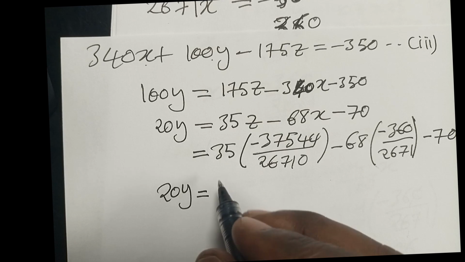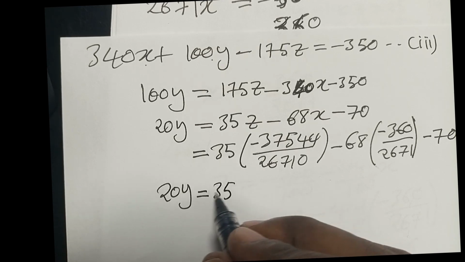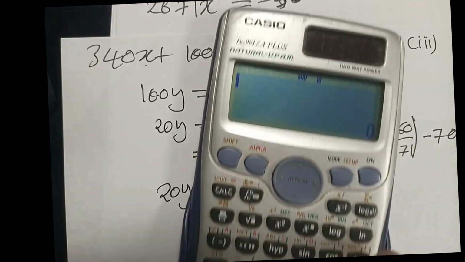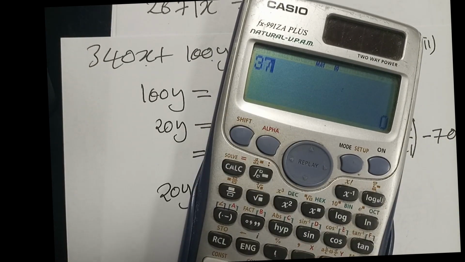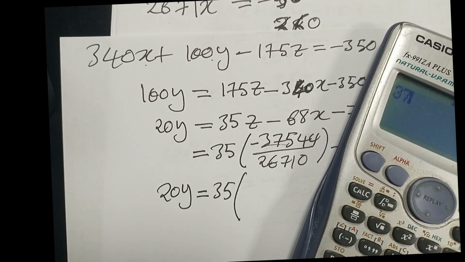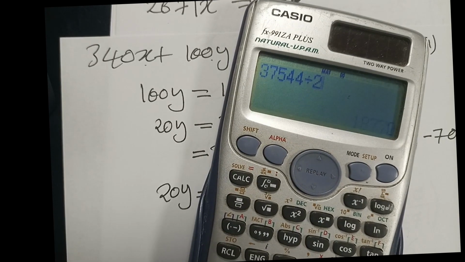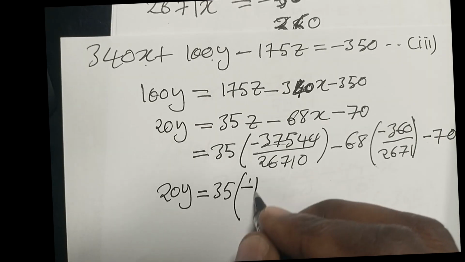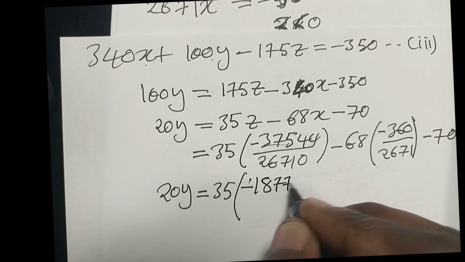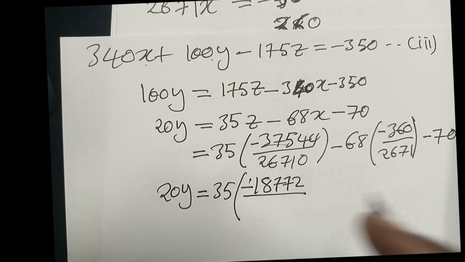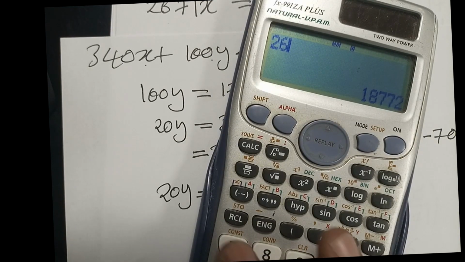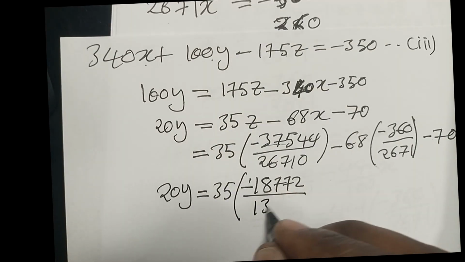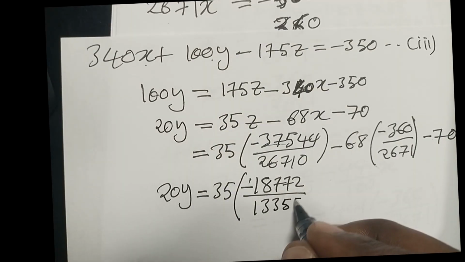So dividing 37544 by 2, we are getting negative 18772 over, dividing 26710 by 2, we're getting 13355.